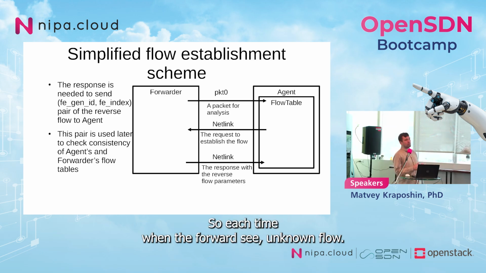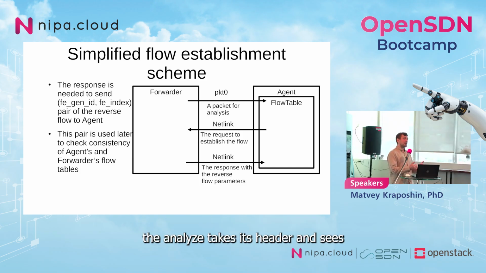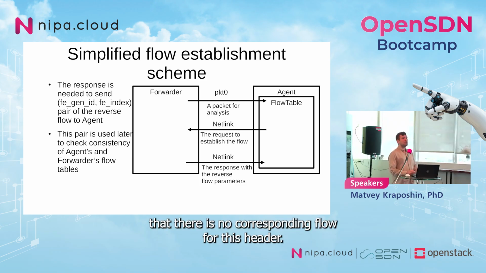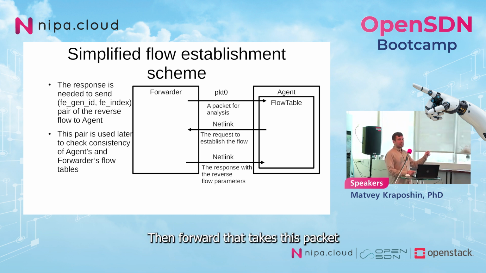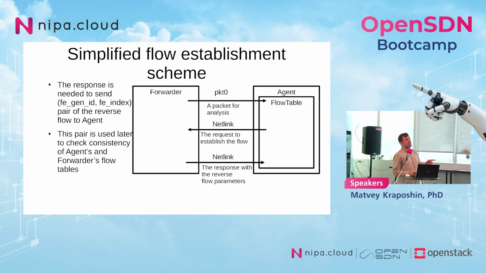Each time a forwarder sees an unknown flow, so a packet arrives at the forwarder, and the forwarder takes this header and sees that there is no corresponding flow for this header. Then the forwarder takes this packet and directs it to the PKT0 interface. And the agent listens to this PKT0 interface.